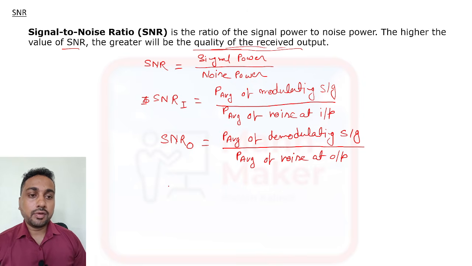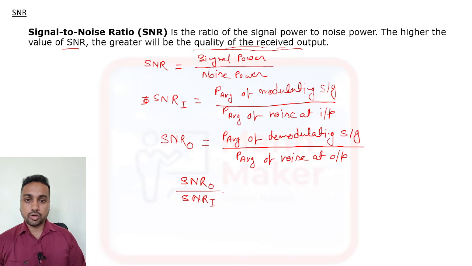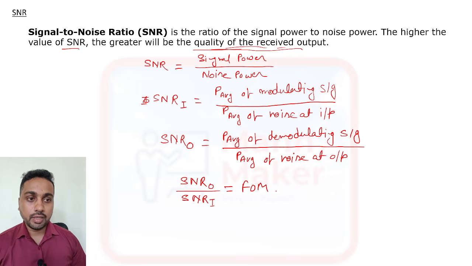Now the ratio of SNR output divided by SNR input is called FOM. FOM is what? Figure of merit.